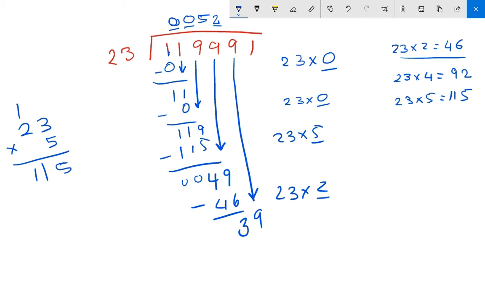Okay, so now if 23 times 2 was 46, you know that the only thing that will even come close is 23. Okay, so that's literally what I'm going to put here. Nothing's changed. Okay, it might be really super obvious, but sometimes super obvious is the answer. Okay, 1 goes there. When I minus 39 minus 23, I get 16.